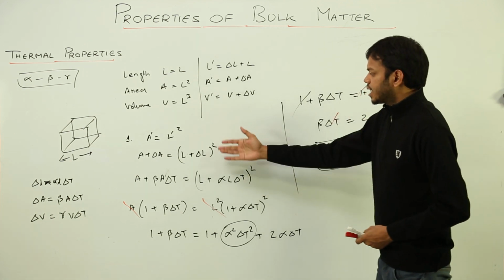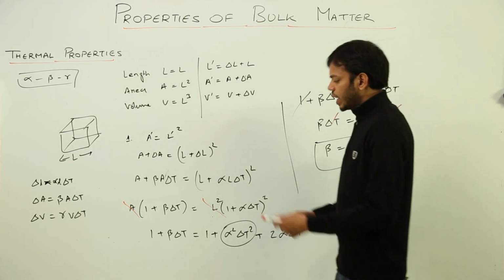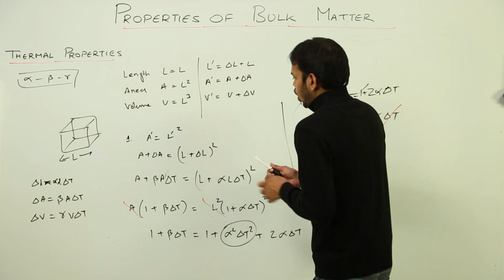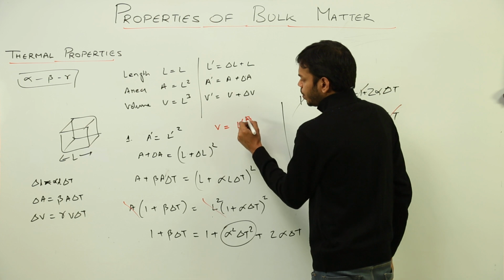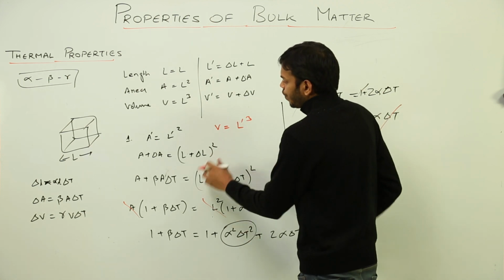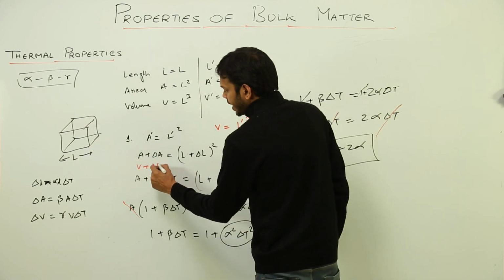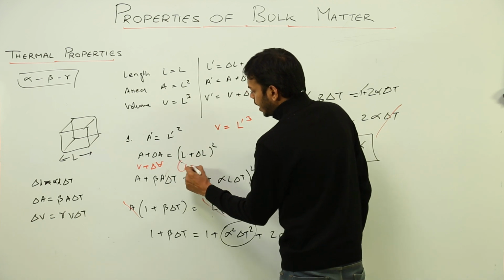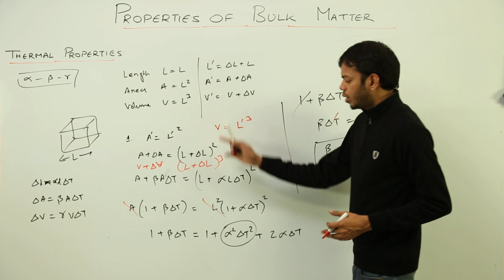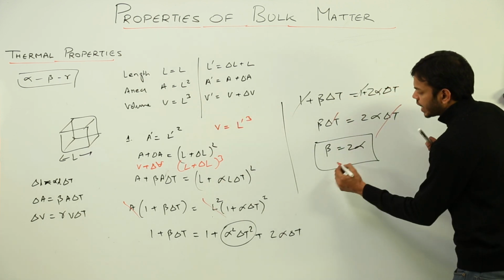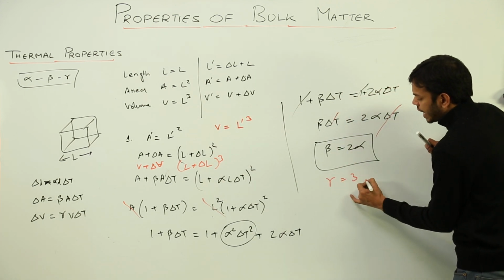Similarly, as I did this expression, in the same way you can start with volume V dash equal to L dash cube, and then instead of V dash you can write V plus delta V, and here you can write L plus delta L whole cube. Expand it, take the common out, do everything the same, and at the end you will get gamma is equal to 3 times alpha.